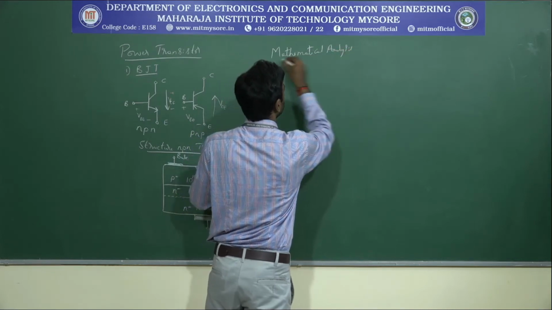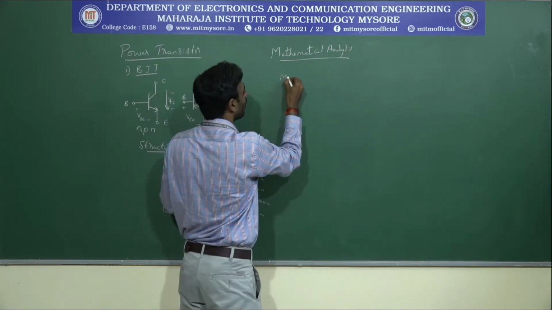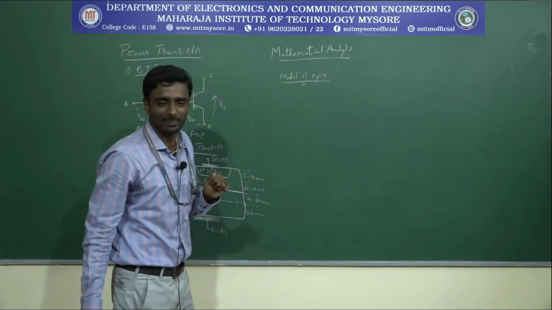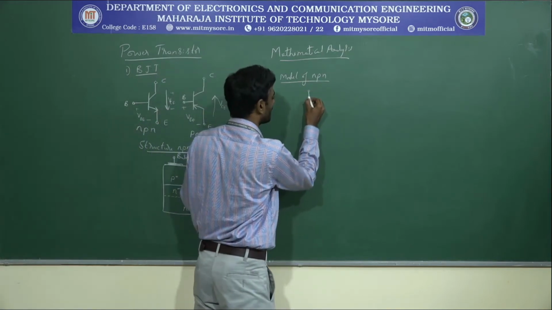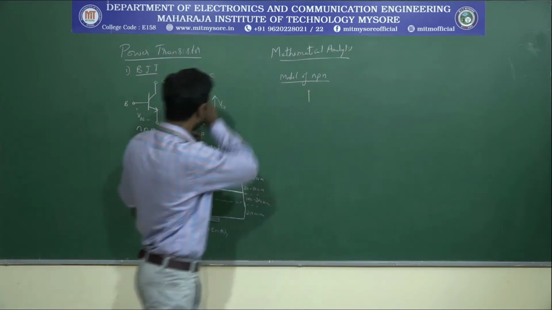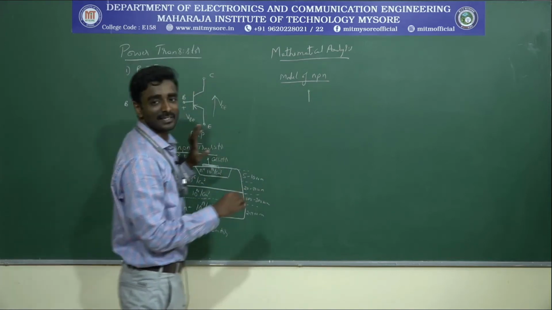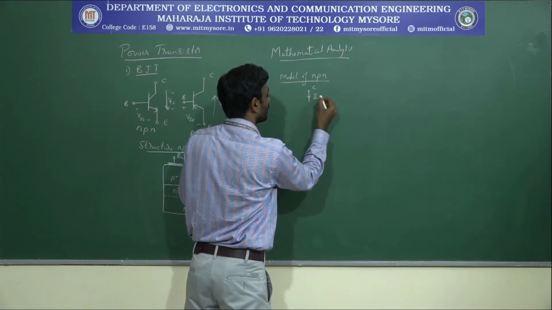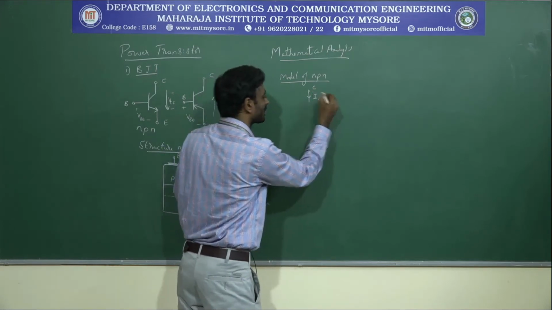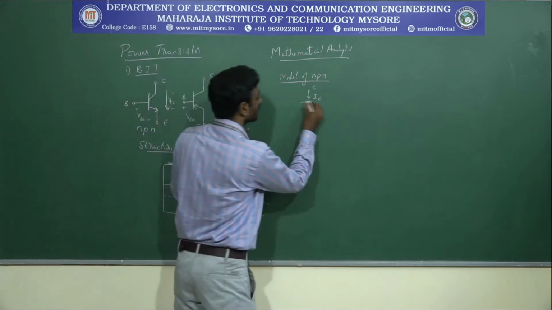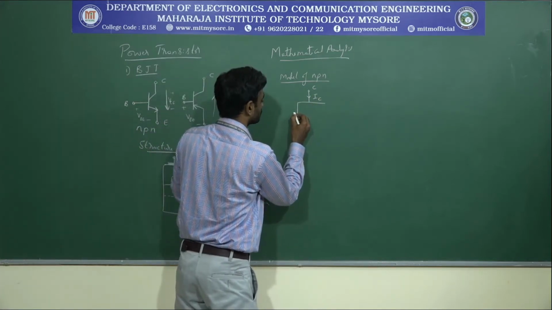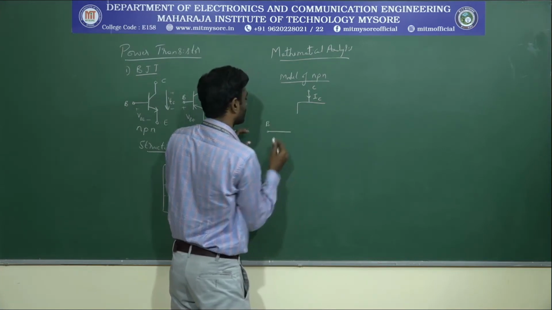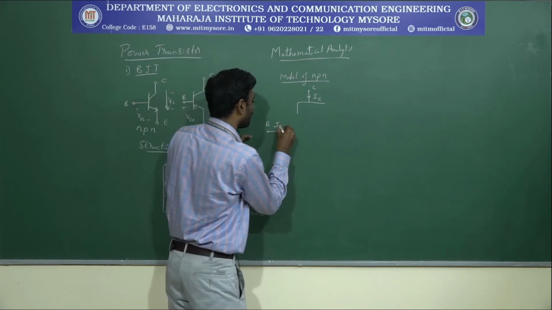So when I am considering the mathematical analysis, I will consider the model of an NPN transistor. If I am considering the model of an NPN transistor, I will have three terminals: collector, base, and emitter. I will consider this as the collector terminal, where whatever current flows across the collector terminal is the collector current, and it has to be connected to the base terminal, where the current is called the base current.